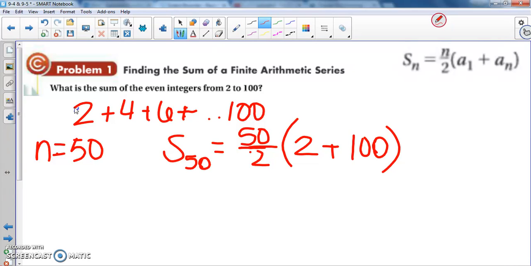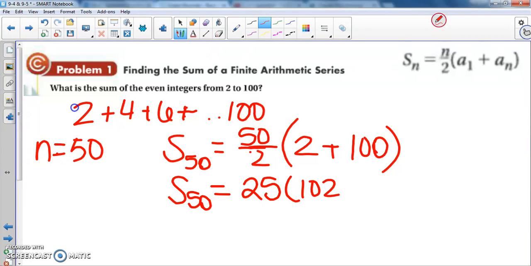That is 102. The sum of the 50 terms is 25 times 102, which is equal to 2,500.